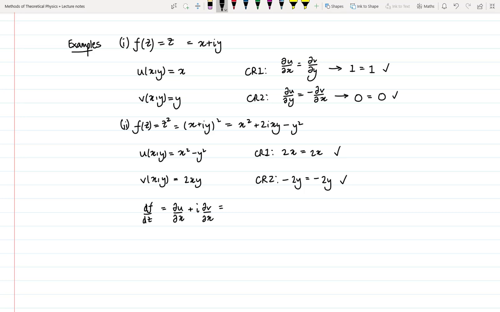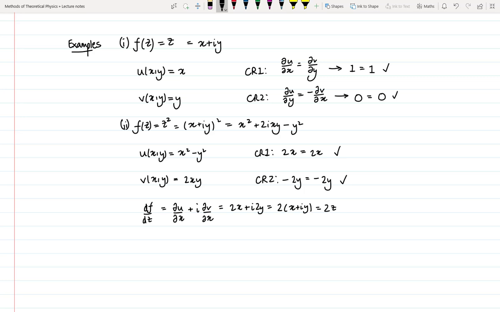Du by dx is 2x, dv by dx is 2y. So this is simply 2z, which is exactly what we would expect from differentiating a real function like x squared, we would get 2x. The same holds here for z squared, we get 2z.